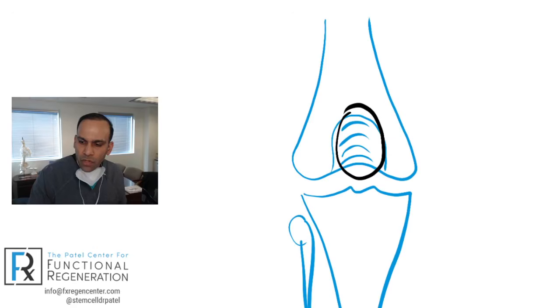Then we have these other structures called ligaments. The ligaments ultimately are the duct tape that connect bone to bone. And we have these ligament structures on the outside of the knee, and then on the inside of the knee. This is, for example, the ACL that football players keep on tearing.